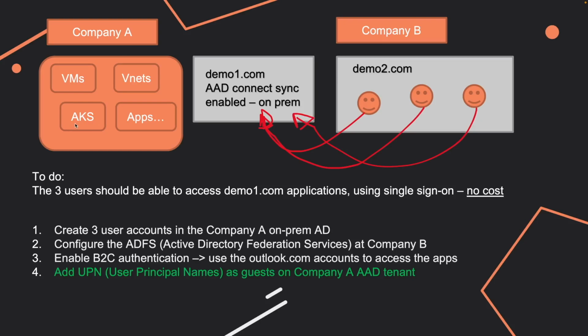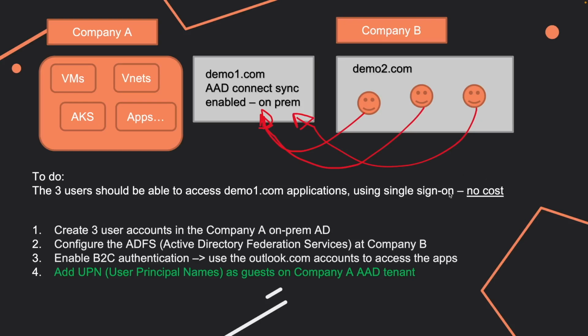You shouldn't create new user accounts for the 3 company B users. So this would be the first option here, and this is because this solution would work, but it will create a new user account for company B users with the company A domain, and it will not provide single sign-on functionality.